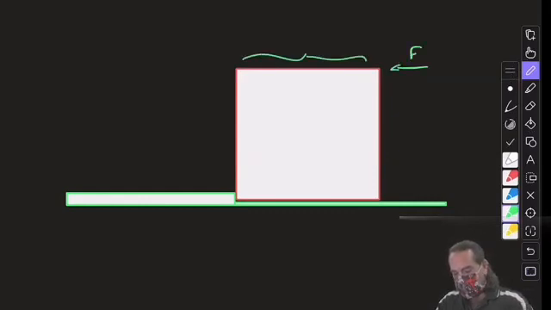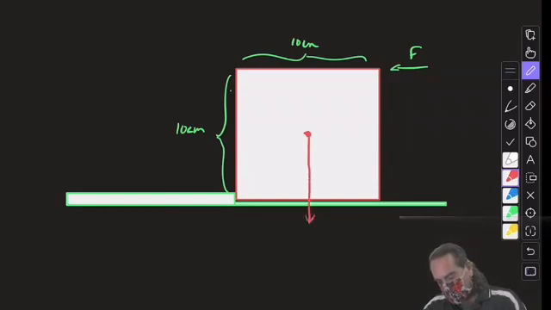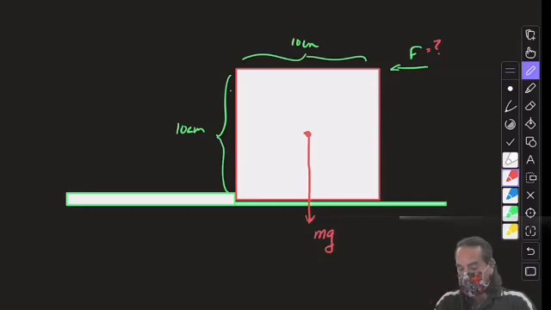And it can still say 10 centimeters. But I'd say the box has a mass of 10 kilograms. And it's a uniform box. That would mean that the box would have a weight acting here. And my question would be, how much force would be necessary for the box to begin to lift the bottom off of the ground? So for this point to come off the ground.